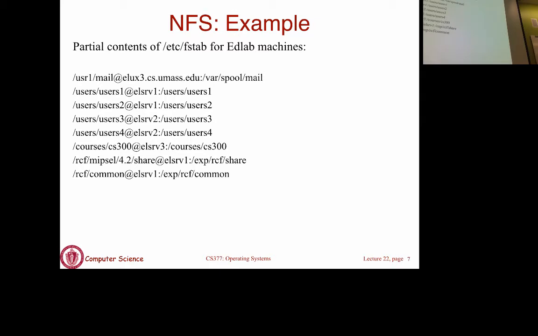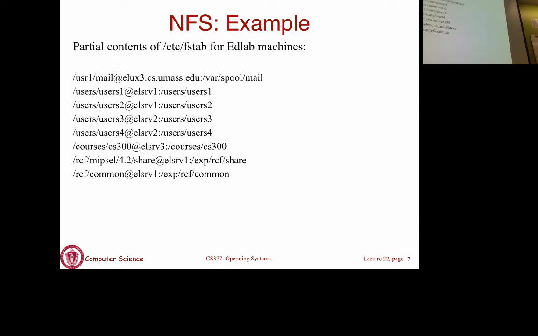So are you asking if on my local disk I delete this directory CS300, what will happen, before mounting? Or if you just change the name? Yeah, you could change the name.